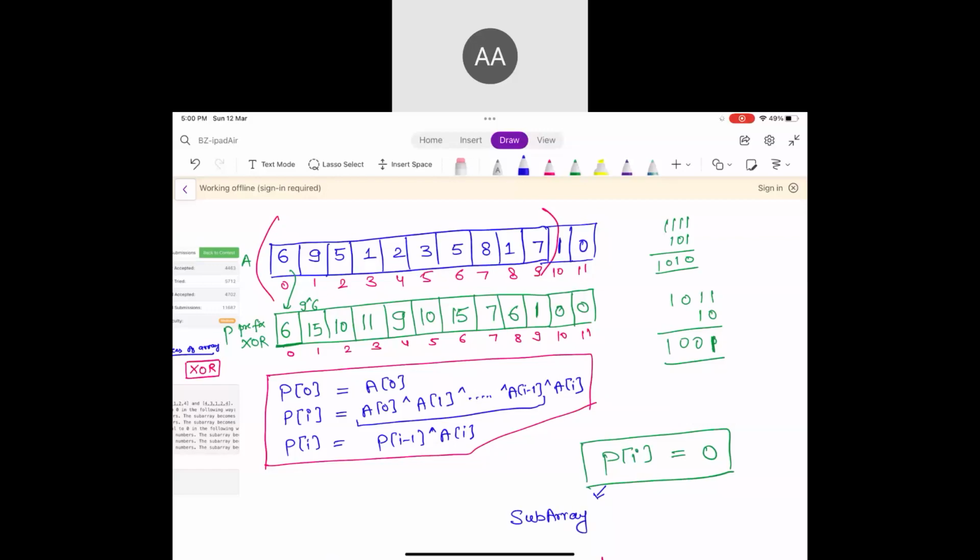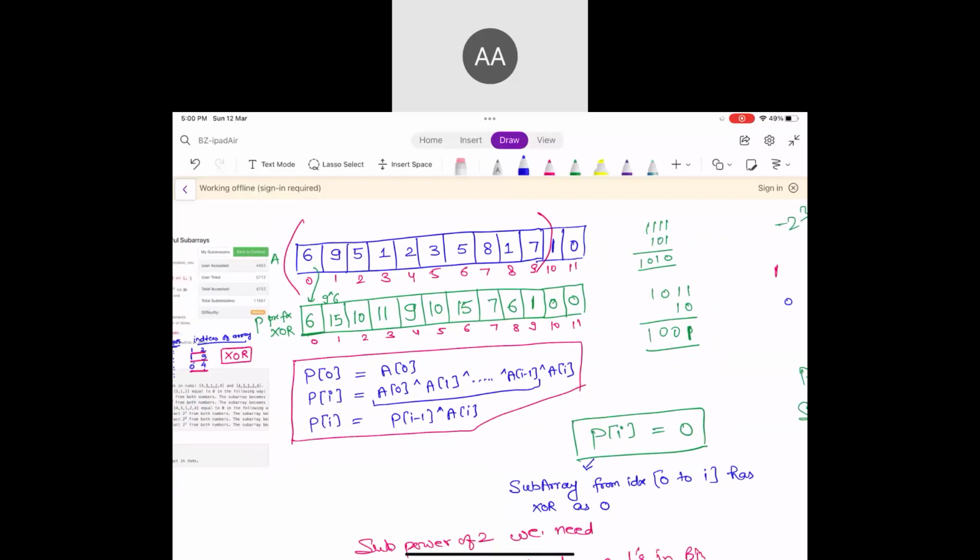Yes. Or can we say the subarray from index 0 to index I has XOR as 0? That beginning till here, we have a subarray whose XOR is 0, and that will become a beautiful subarray, because only a subarray whose XOR becomes 0 is a beautiful subarray.